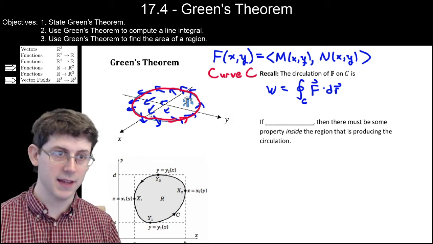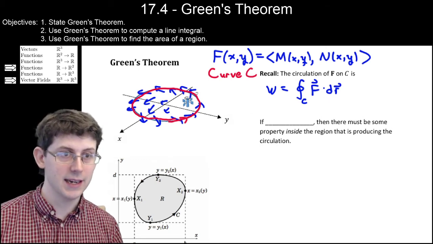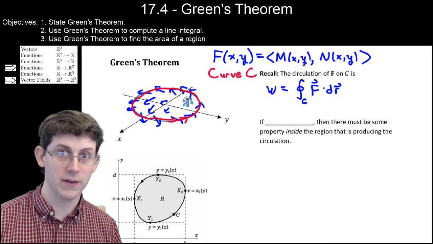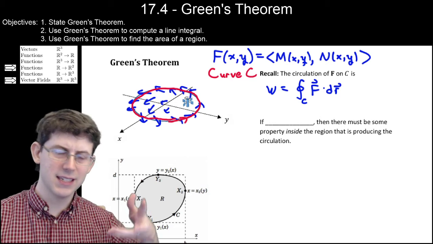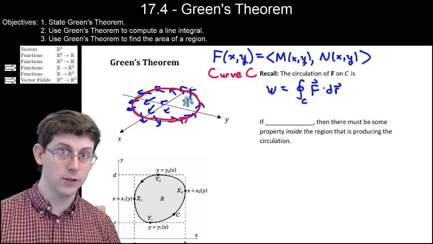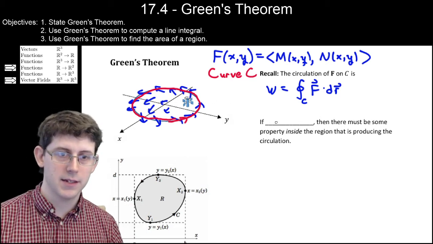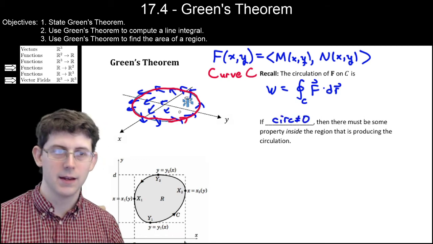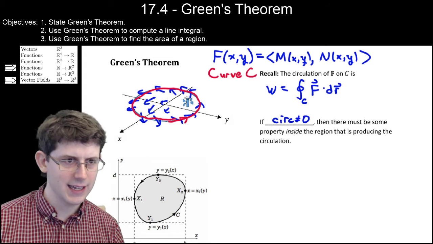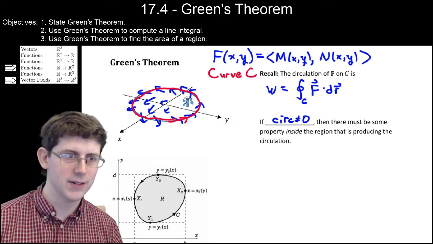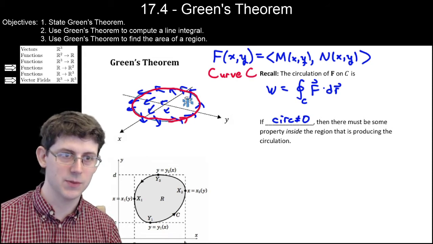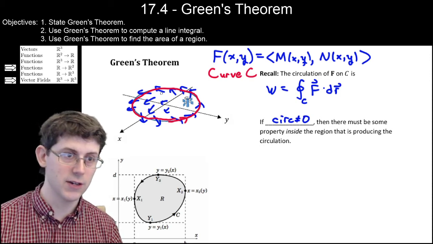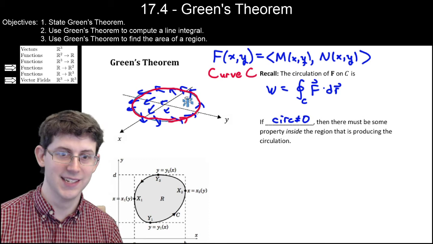The key thing that Green's theorem does is it connects the circulation, the amount of work that the vector field does by going around the loop, with the stuff that's going on inside the loop. So if the circulation is not zero, then the key insight is if there's swirling going around, if the arrows are helping us as we go around the curve C, then when you look inside the curve C, you should notice kind of a swirling action.